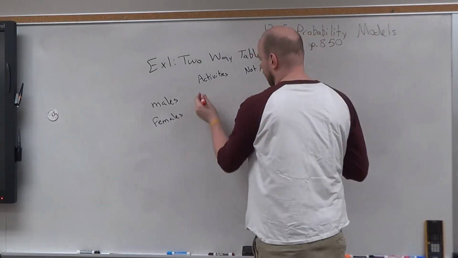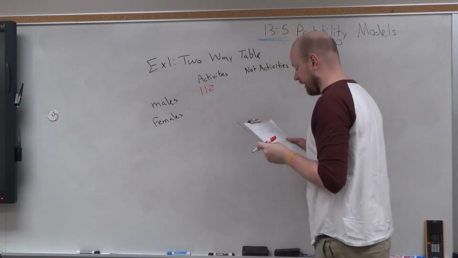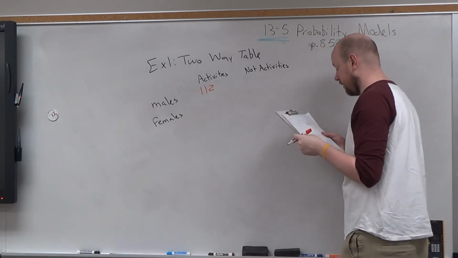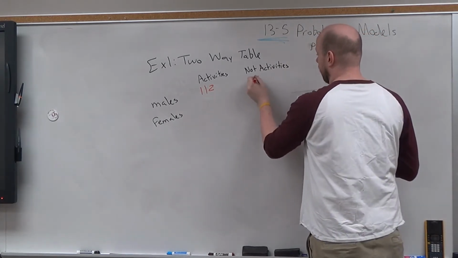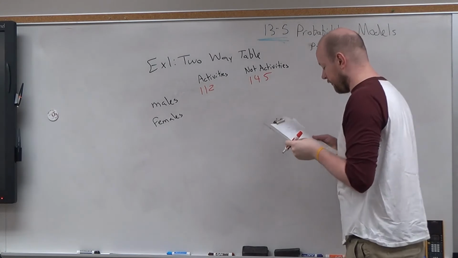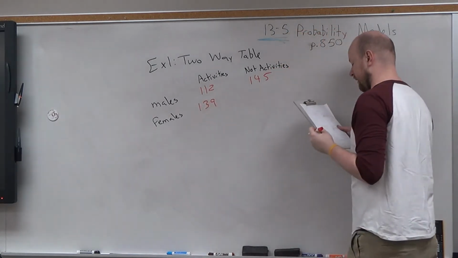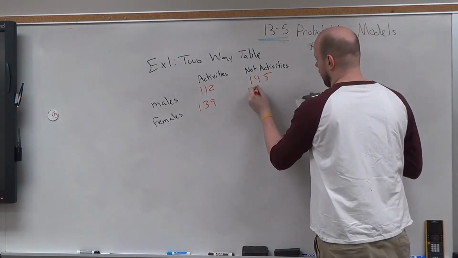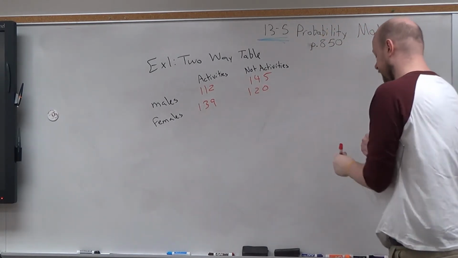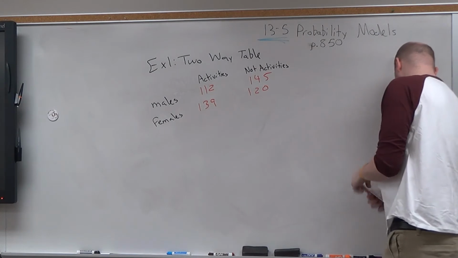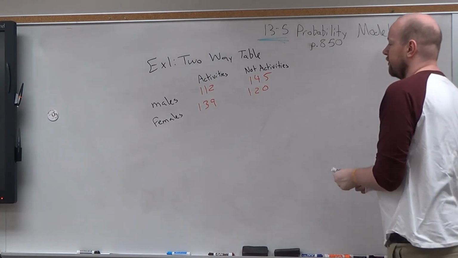Okay. Let's say we have 112 males in sports, or I'm sorry, in activities. And then we have 145 not in activities. Females, we have 139 in activities. We have 120 not in activities. Okay. So again, we need to determine our totals.